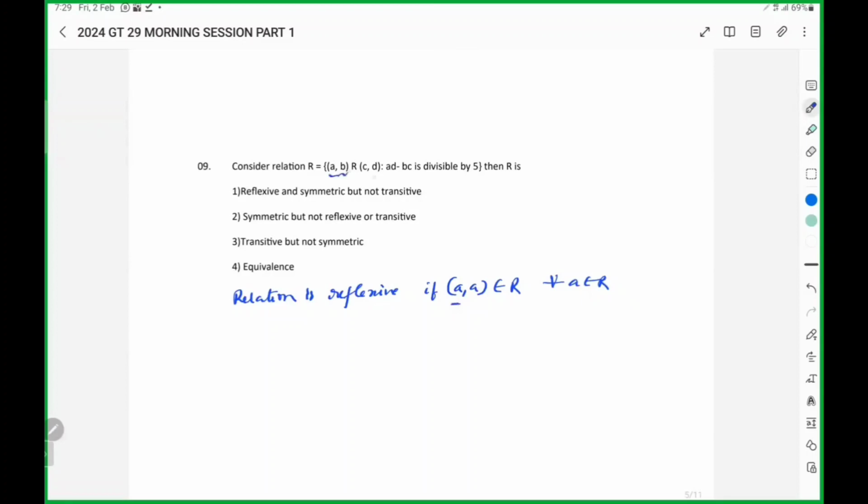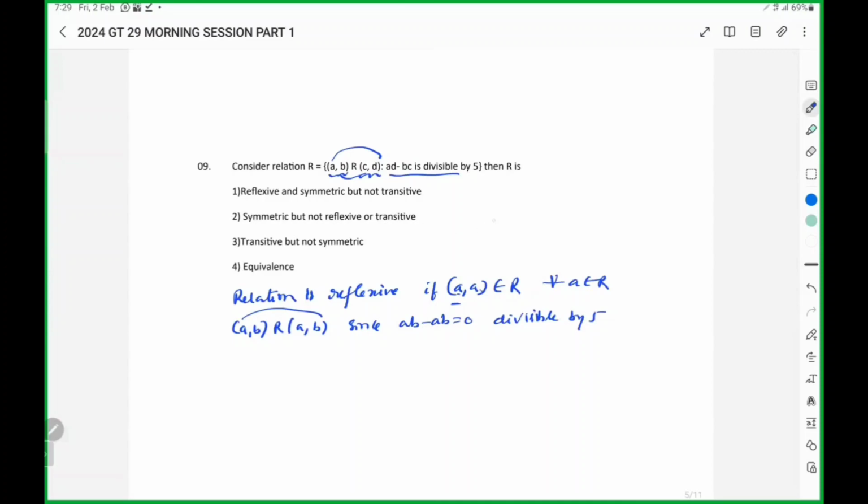Here one element is one ordered pair. So here (a, b) related to (a, b). The condition is product of extremes minus product of means. Since extremes minus means is 0, divisible by 5, so it is reflexive.